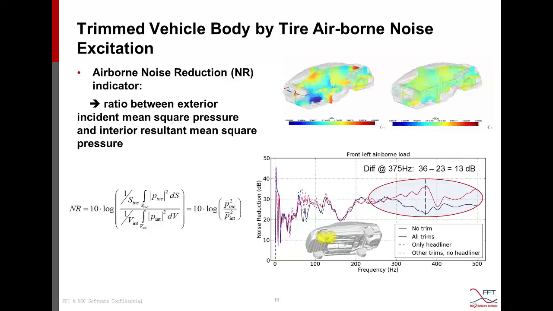So this noise reduction indicator is a ratio between the mean square pressure that is applied on the exterior surface and the resultant mean square pressure in the car cabin cavity.